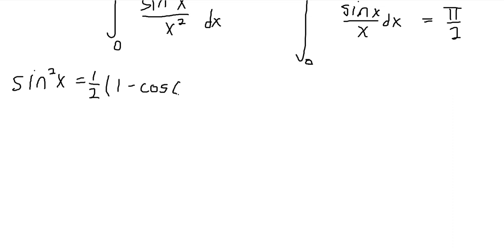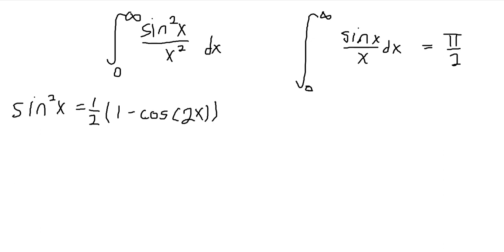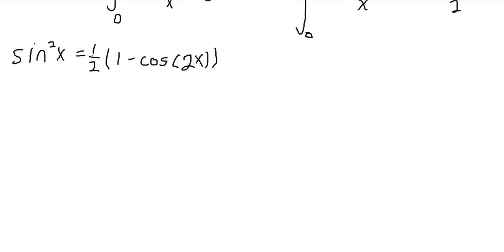But it really stems from the cosine double angle identity, because here we have cosine of 2x, and we can write cosine of 2x as 1 minus 2 sine squared of x. So we can solve for sine squared x in terms of cosine of 2x, right? And this is used a lot because a normal cosine is integrable, but sine squared is not easily integrable.